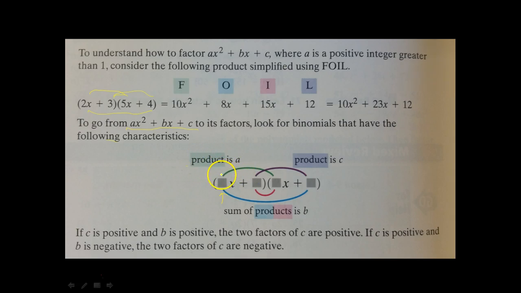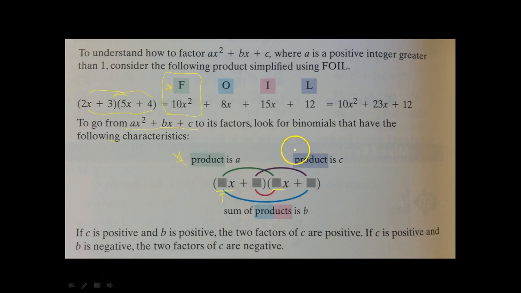So it's the product, your first term, that F, is going to be the product of your first terms of each. So whatever this F needs to be for that first term, you're going to get it from the product of the first two terms in your parentheses.